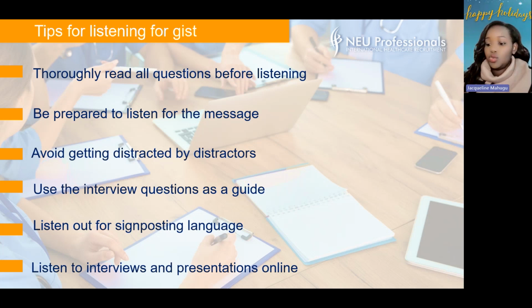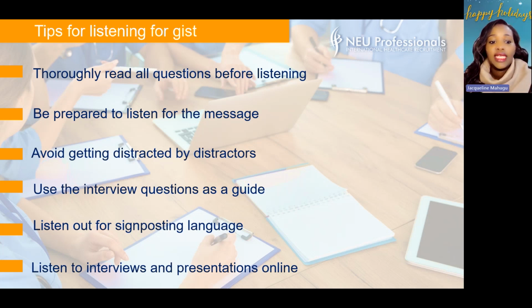You can even listen to TED Talks. Those ones have visuals, but you can play it while you're doing something else. Just practicing that listening is going to help you listen for gist, listen for the main idea.